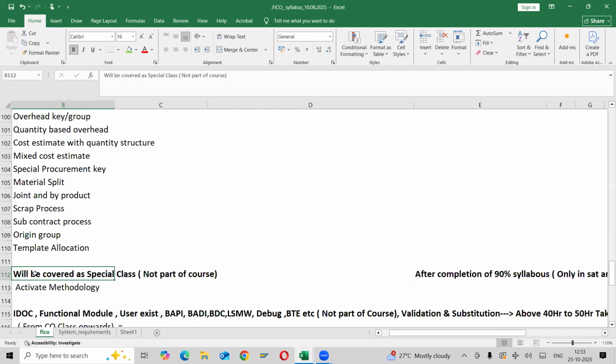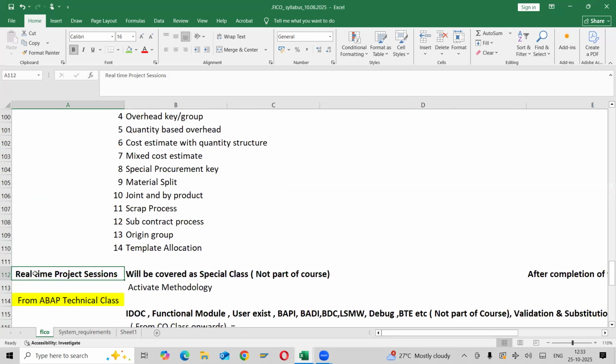Clear? Next one, project sessions. Real-time project sessions, as I said earlier. There are two methodologies. We are going to cover the Activate methodology. Active methodology we use in ECC; Activate methodology we are going to see in S/4HANA. Now everyone is using this Activate methodology.